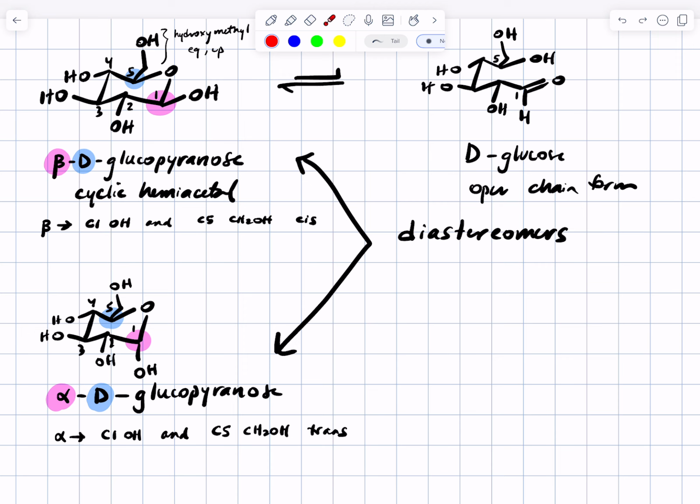We still use it for historical reasons, but it doesn't really have anything to do with R versus S. For us, you'll be able to tell it's a D sugar because it's going to have this configuration at C5.